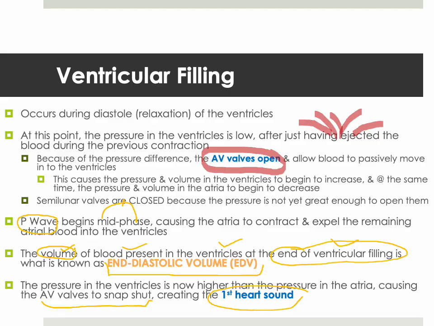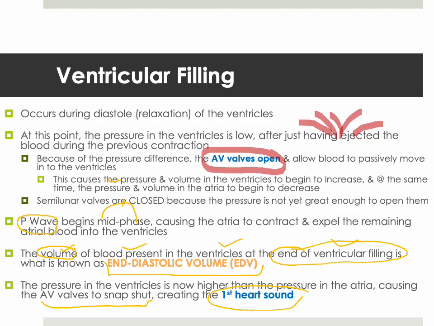That's what happened. Blood is trickling first passively from the atria to the ventricles because the pressure in the ventricles is low enough that the AV valves opened, right? As they filled up, the pressure of the ventricles increases.